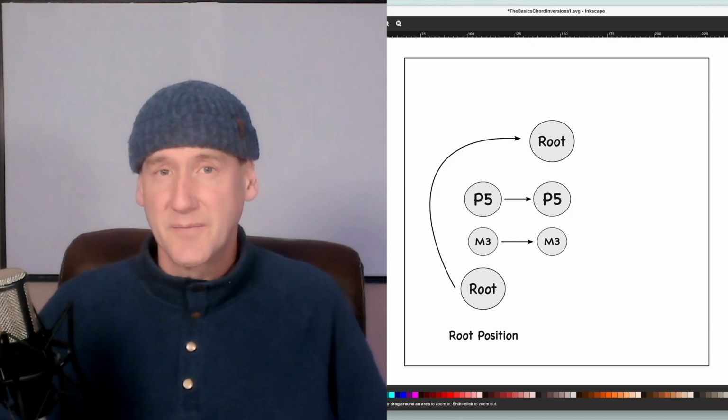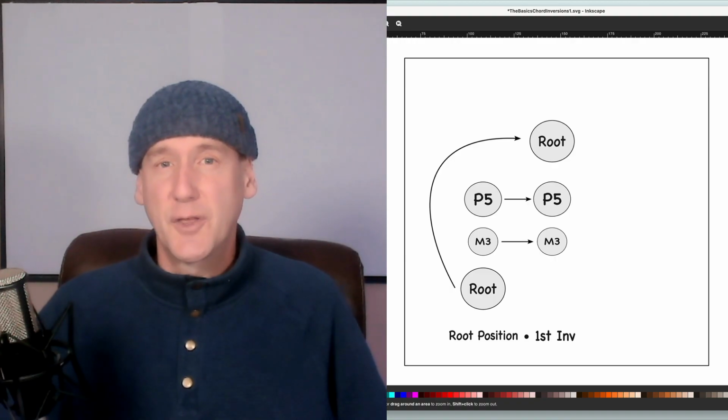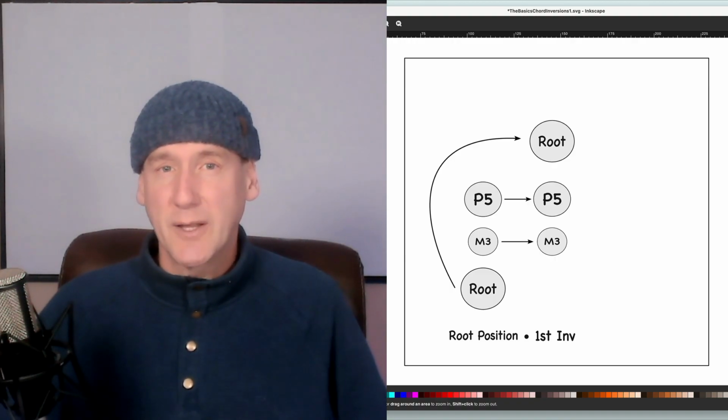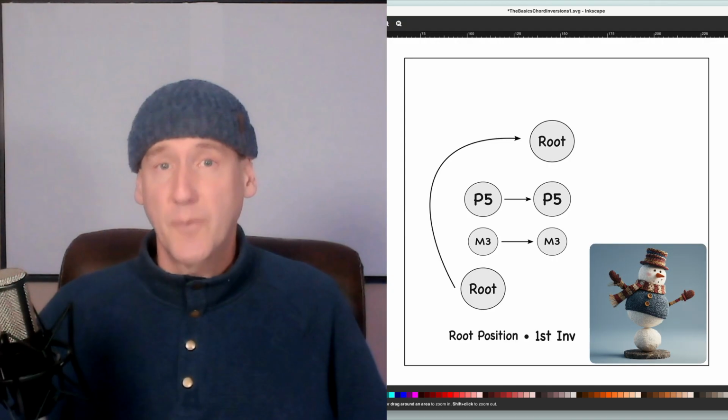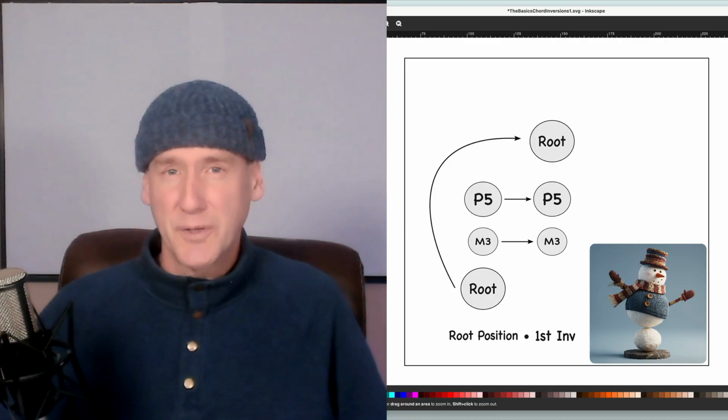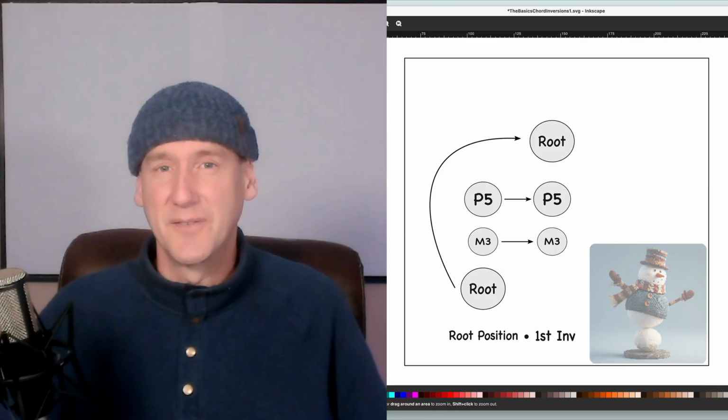In this case, the first inversion. And because the third is the least stable element of a triad, the first inversion is the least stable form of a chord. And we'll explore this more later.